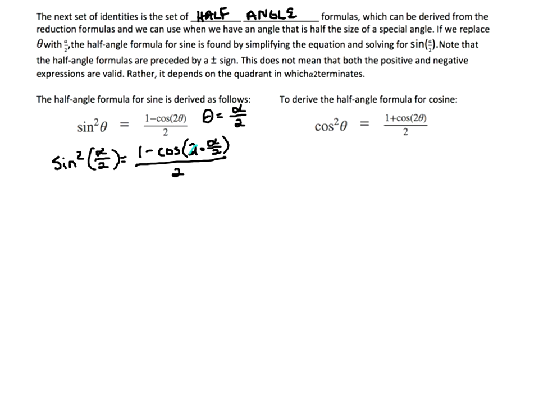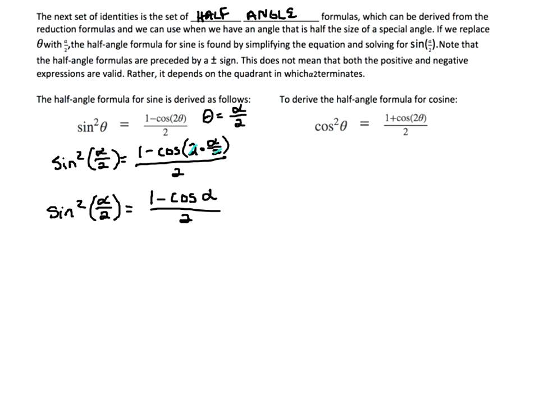So inside that cosine there, my 2's divide out. So that just becomes cosine alpha. So I've got sine squared alpha over 2 equals (1 minus cosine alpha) over 2.